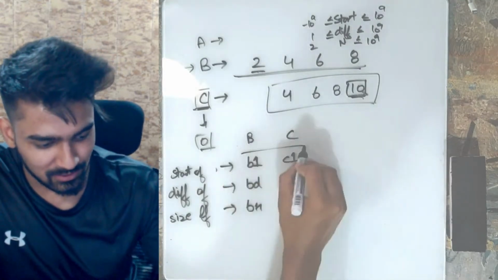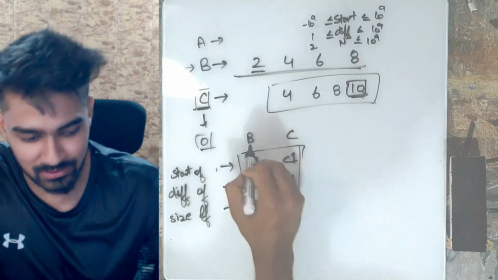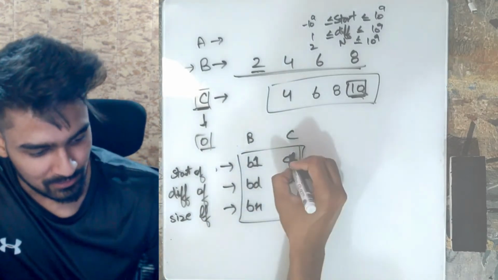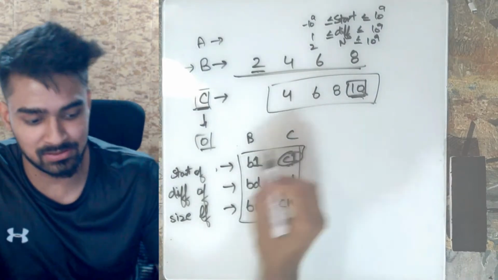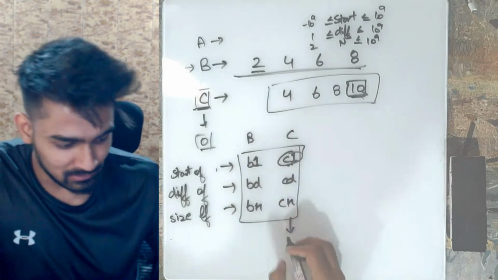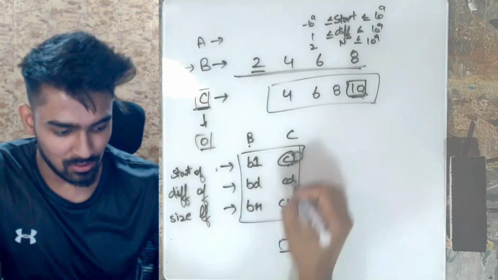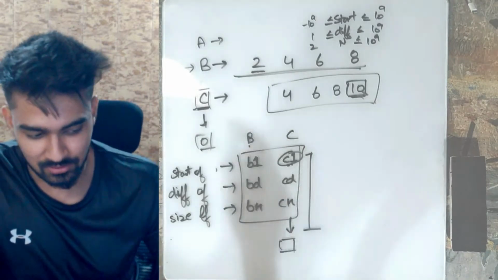Now given these values only, you need to check that every value present in C is also present in B. If the first value of C is present in B, and the last value is also present in B, then all the values in the middle are also present.